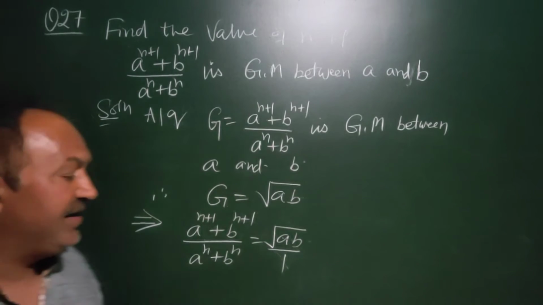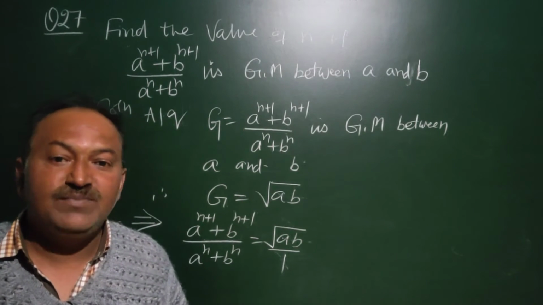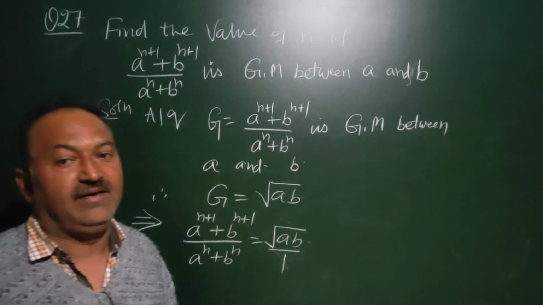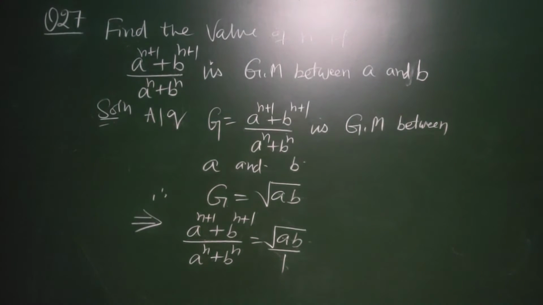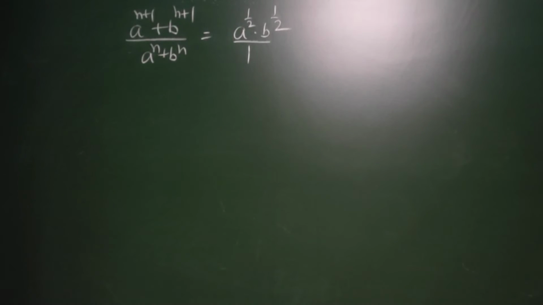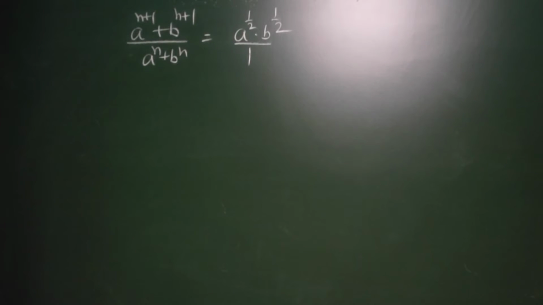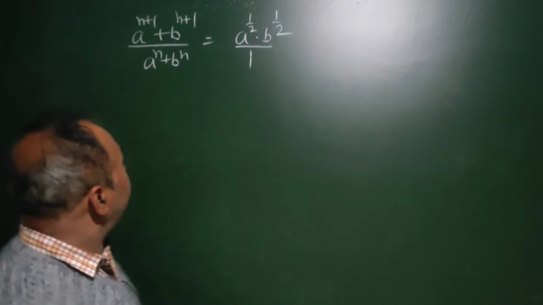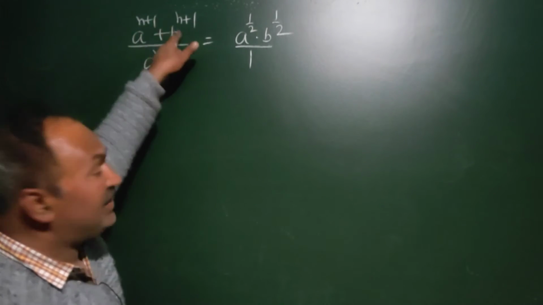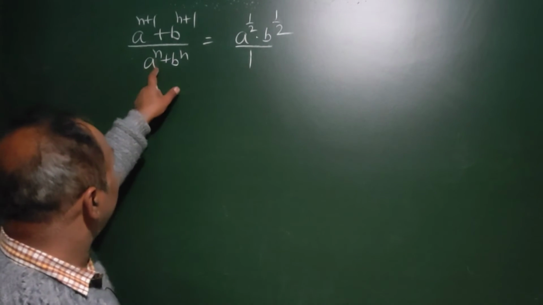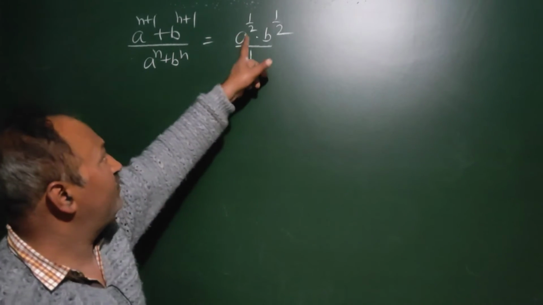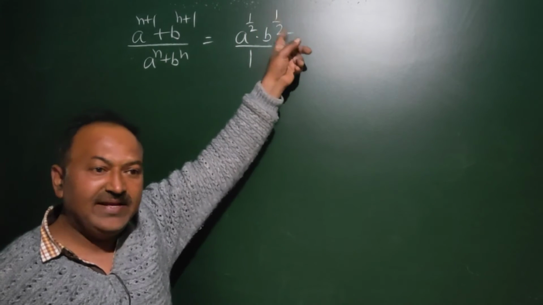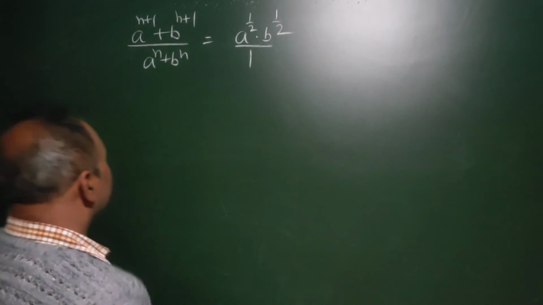Now cross multiplying, and after calculation we will get the value of n. Now this becomes (a^(n+1) + b^(n+1)) upon (a^n + b^n) is equal to a^(1/2) into b^(1/2) upon 1.